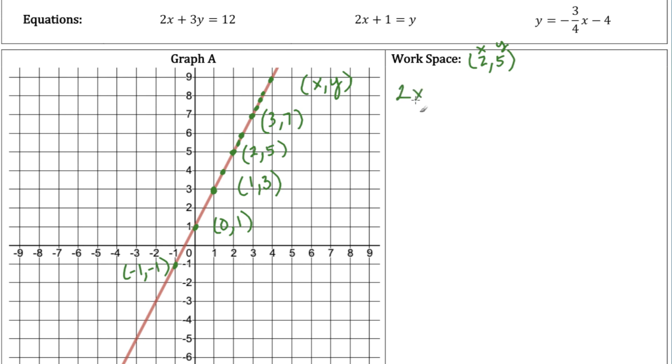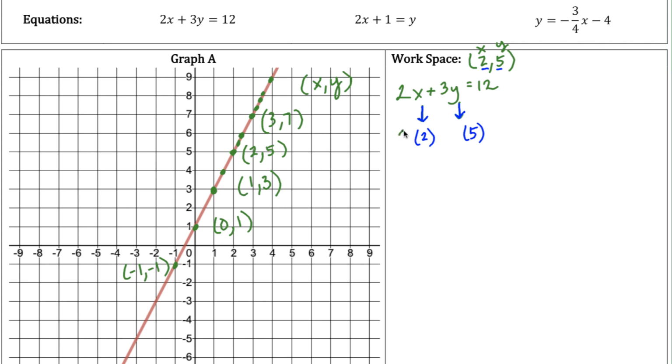So 2x plus 3y equals 12. Instead of x, I'm going to put 2. Instead of y, I'm going to put 5. So x will be 2 and y will be 5.